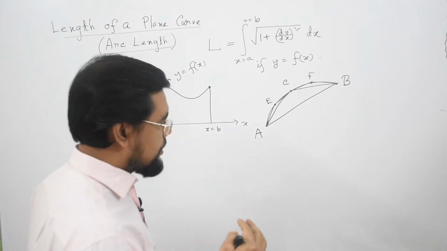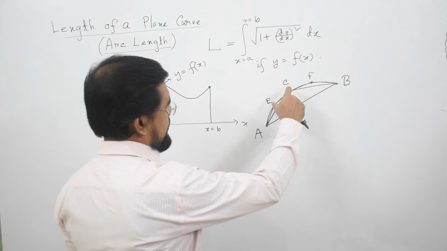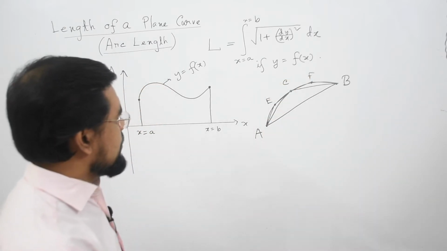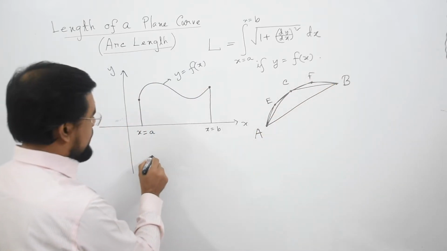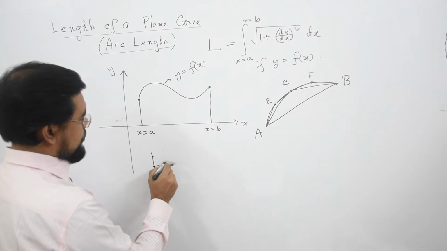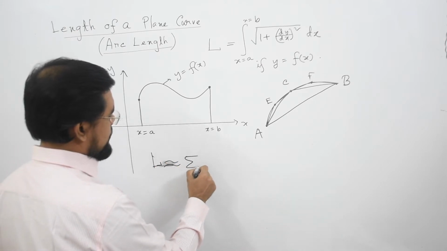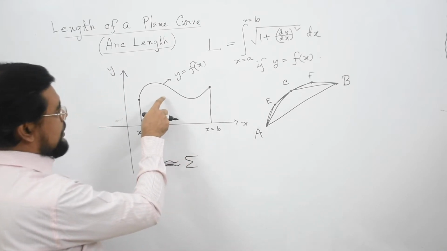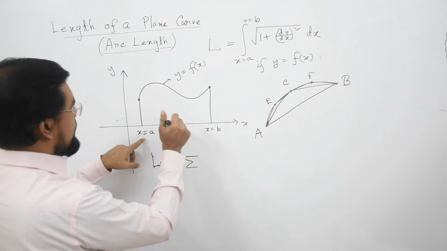So this is the basic idea. If you break this curve into n line segments and then sum up all those line segments, you will get the arc length, as an approximation. Let's say L equals the summation; let's try to calculate the arc length of this curve from x equal to a to x equal to b.